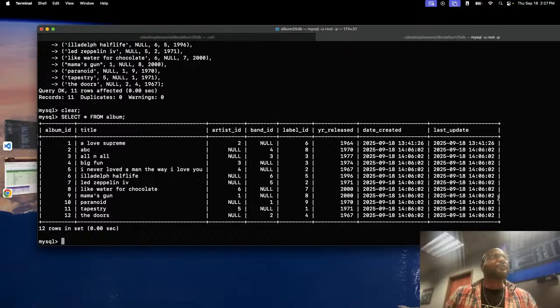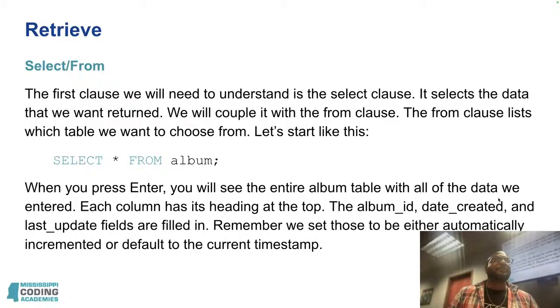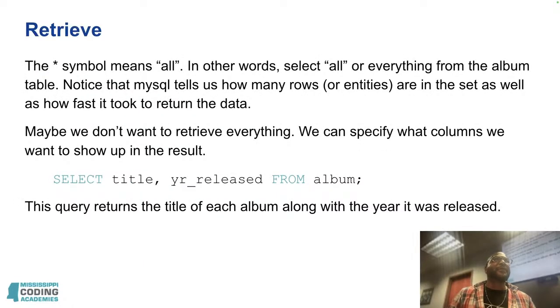So we see everything popped up, and again the album ID in particular, since it's auto increment, we didn't have to insert an ID for it. It's automatically generated, and the timestamp is automatically created as well. So again, when I say select star, that means all. So select everything from this table.